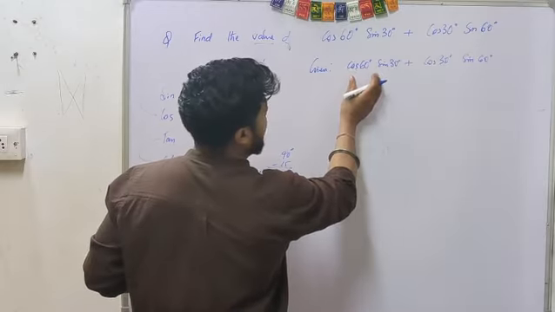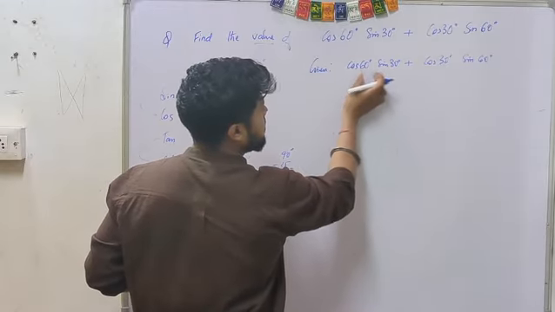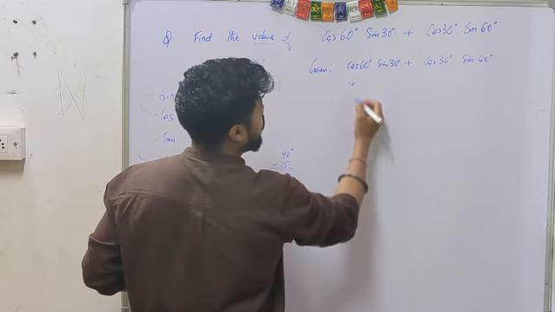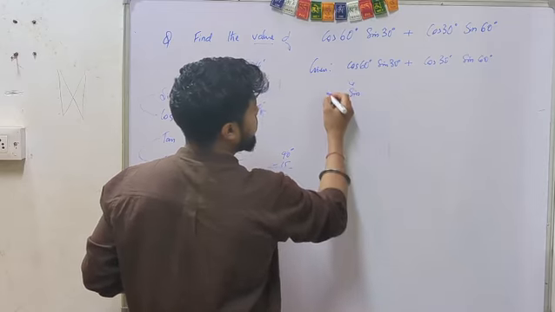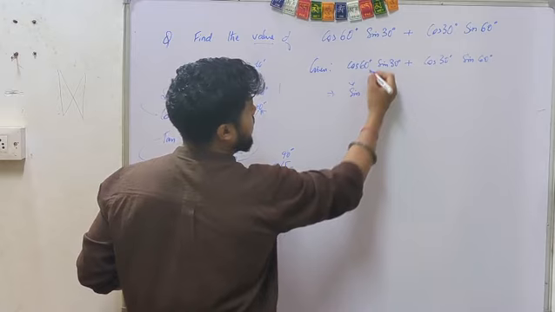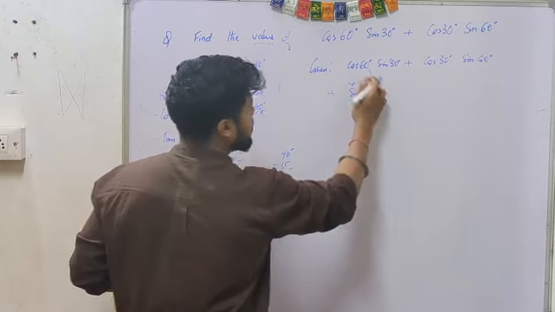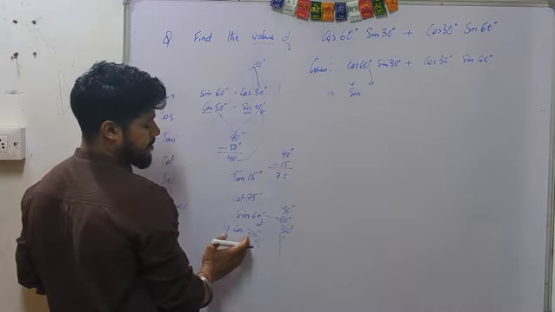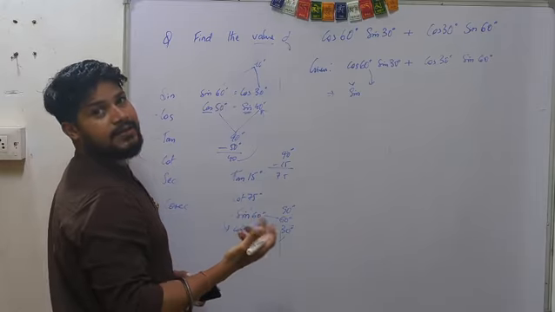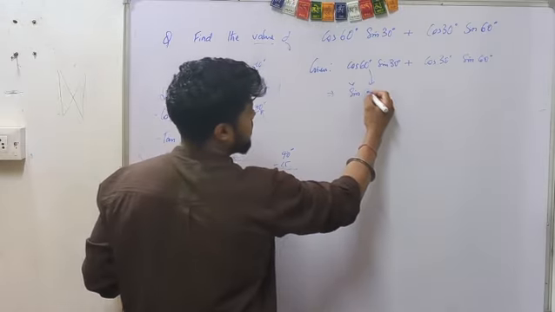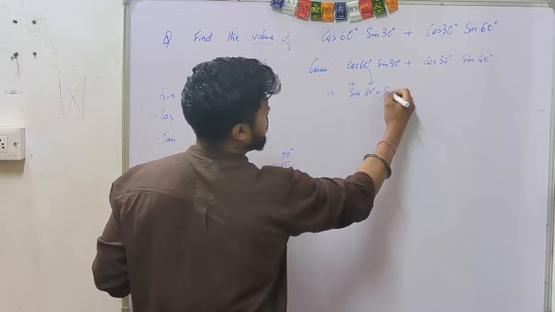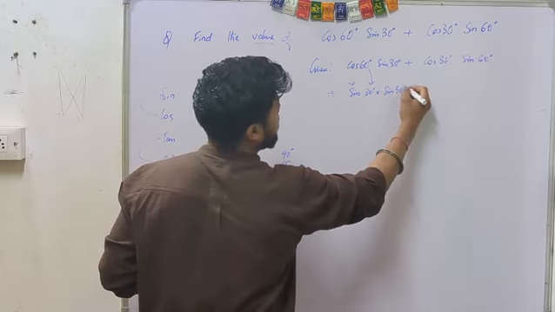So now I want to take sine, so I'll keep it as it is. I'll convert cos into sine, and in place of 60 degree you take 30 degree, so this will be sine 30 degree.